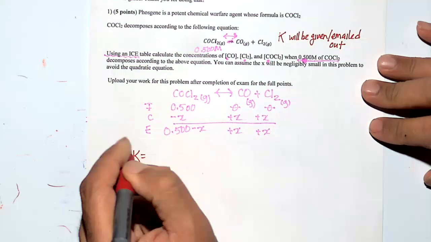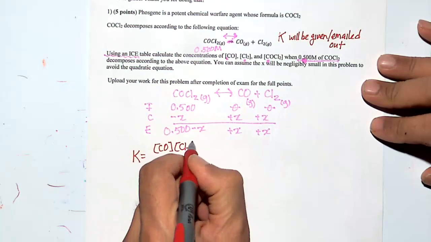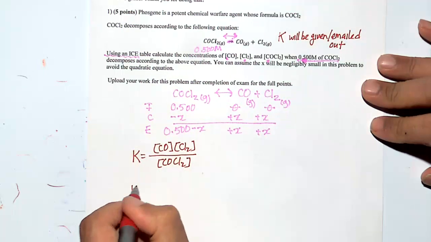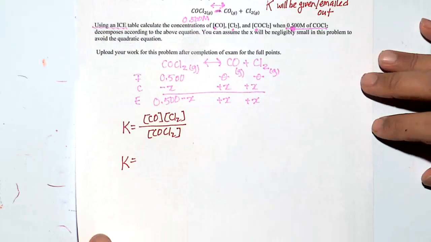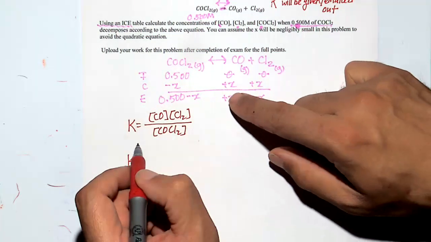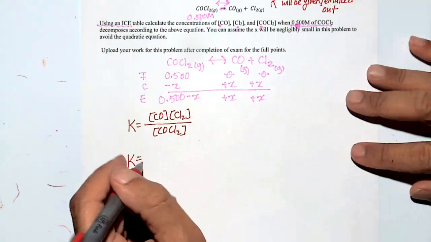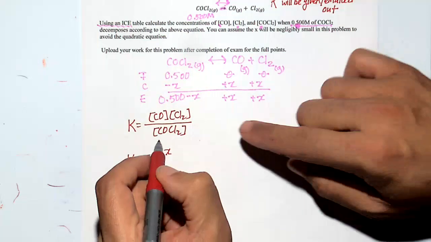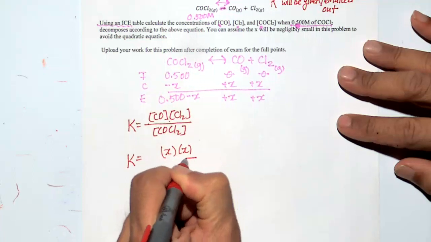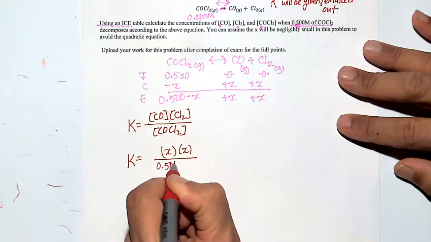So k is equal to the concentration of CO times the concentration of Cl2 divided by COCl2. Now we're going to plug in our equilibrium values. So x for CO, x for Cl2, that's going to be x times x, and COCl2 is going to be 0.50 minus x.